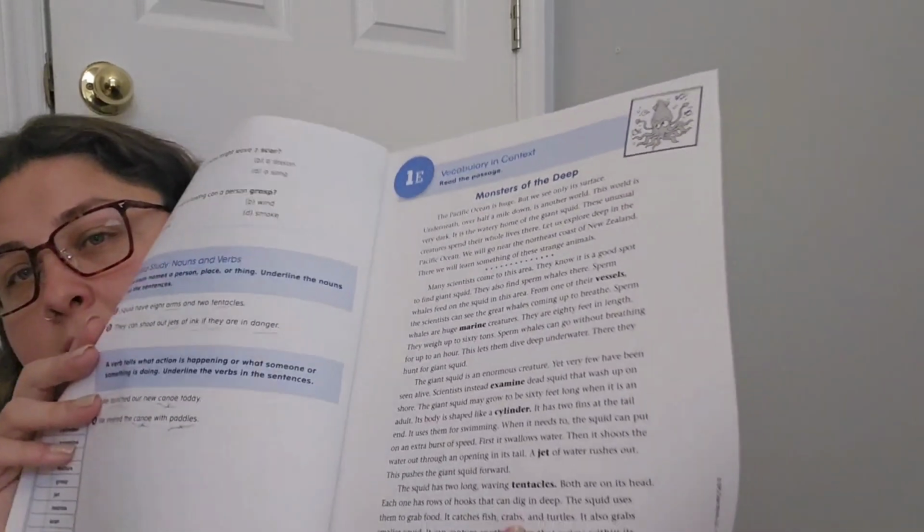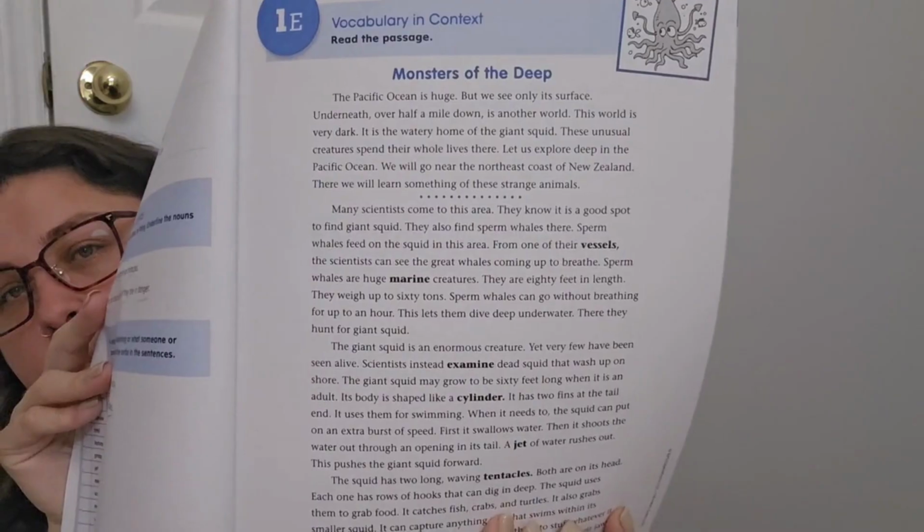And then there are 5 activities that they do with each set of words. A, B, C, and D typically change, but E is always a story that they read. And then there are questions that they answer.